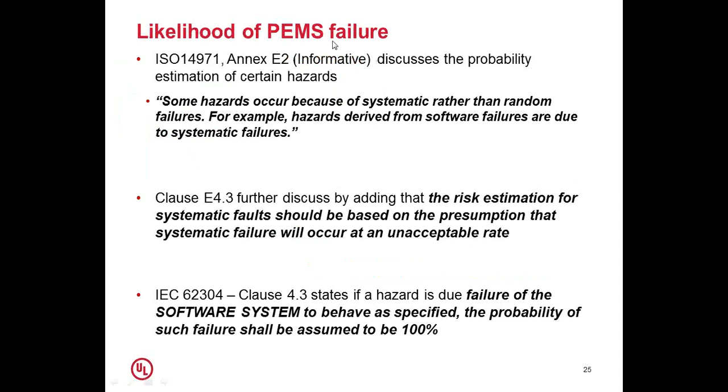Likelihood of PEMS failure. If I want to state some clauses from ISO 14971, it discusses the probability of estimation for certain hazards. Some hazards occur because of systematic rather than random failures. For example, hazards derived from a software failure are due to systematic failures.